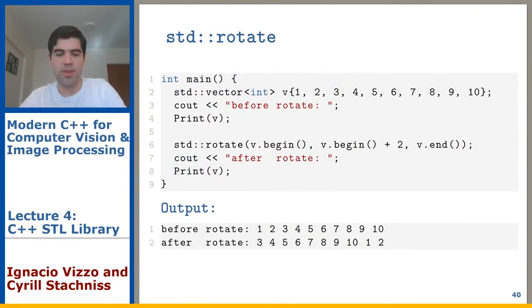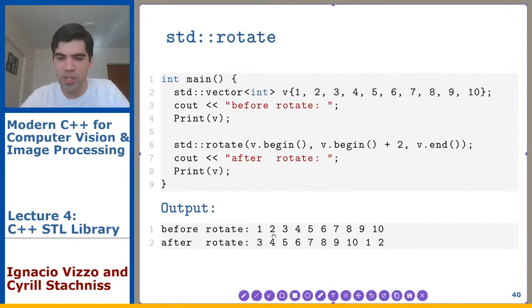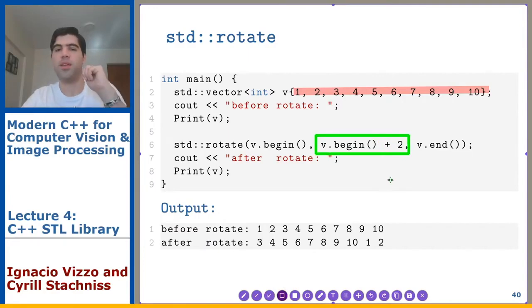Rotate, for example. This is a shift rotate operation. We have this array, and we want to rotate it. Let's use arrows. This element right here will be the second element from the beginning of the container. So you can use this syntax with iterators.